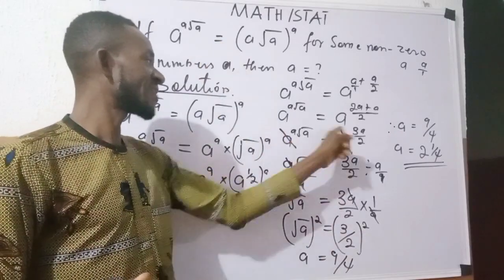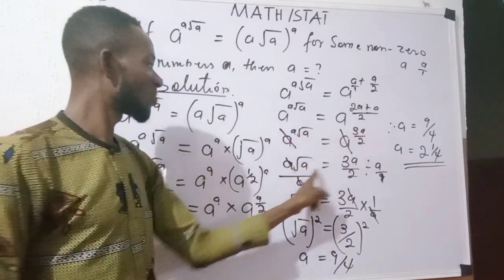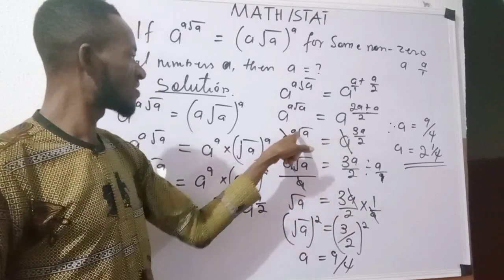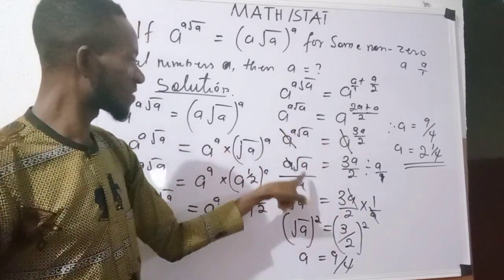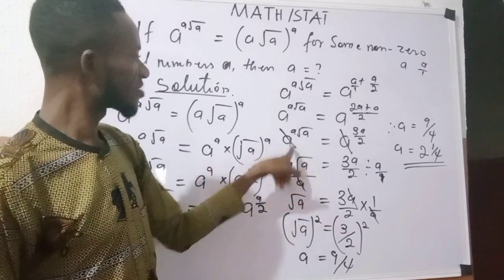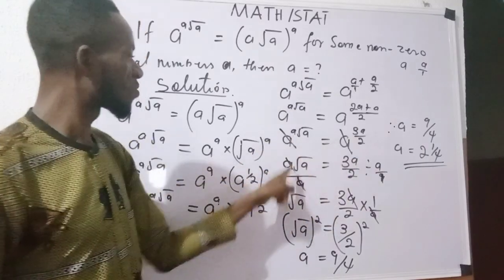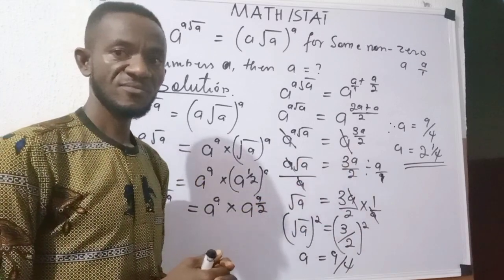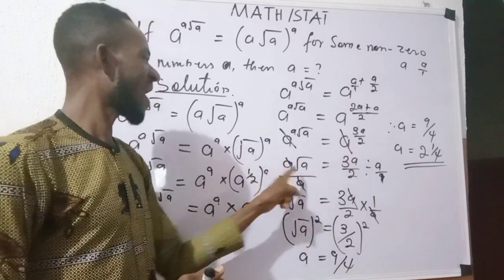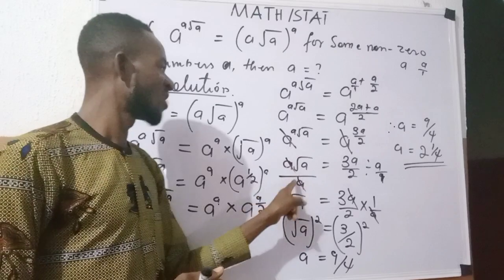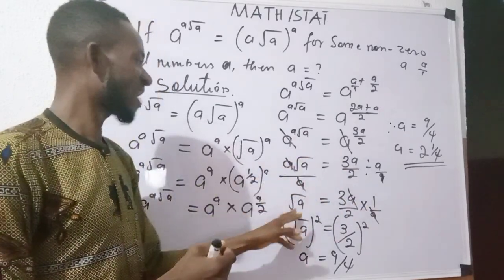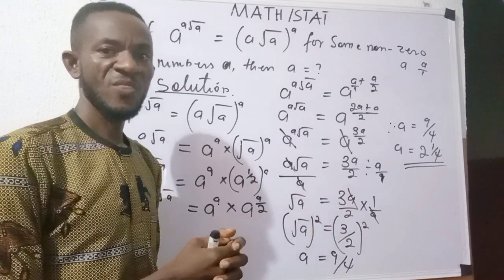So I cancelled the A and the A, equating A root A to 3A over 2. At this point we have A here, which I can use to divide both sides of the equation to make root A stand alone. That's exactly what I did to arrive here.